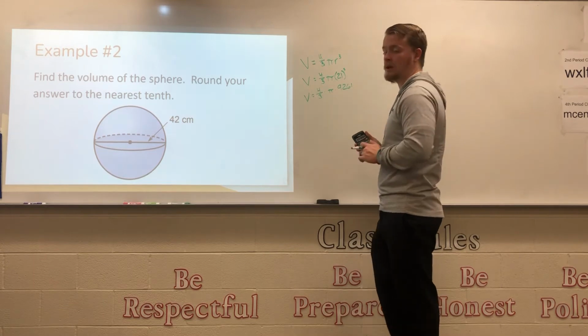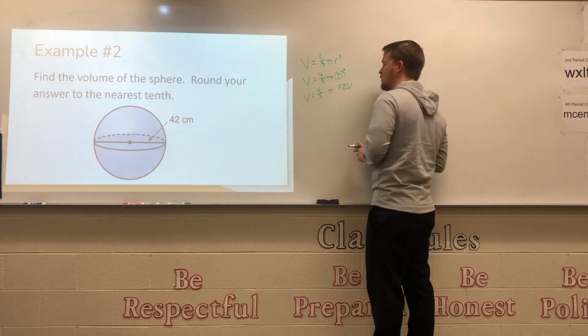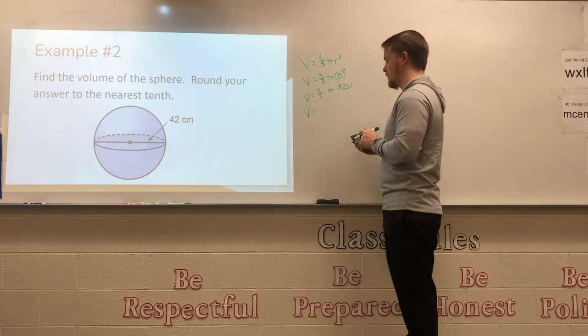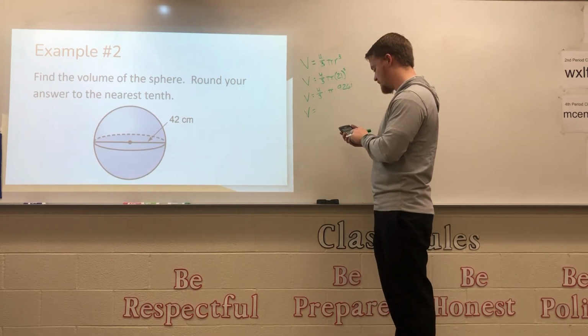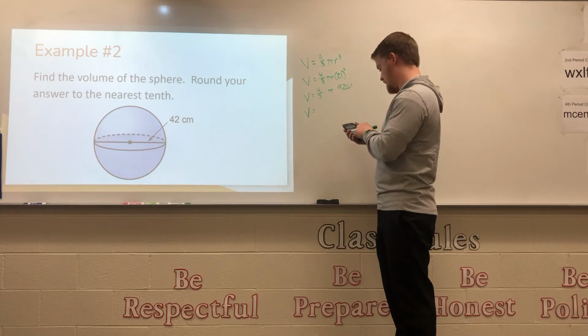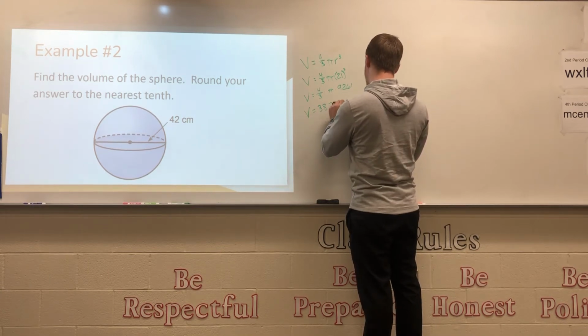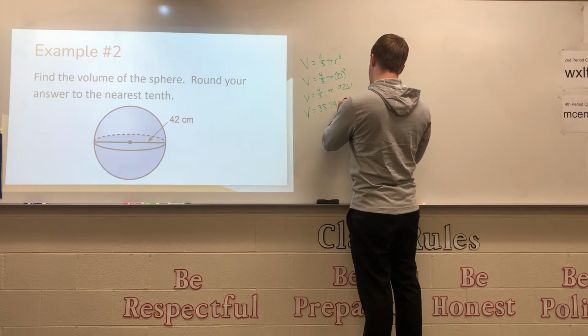So if you type that in your calculator, you will also get 9,261. Now we can just multiply this out. 4/3 times pi times 9,261, and you will get 38,792.386, and so on.